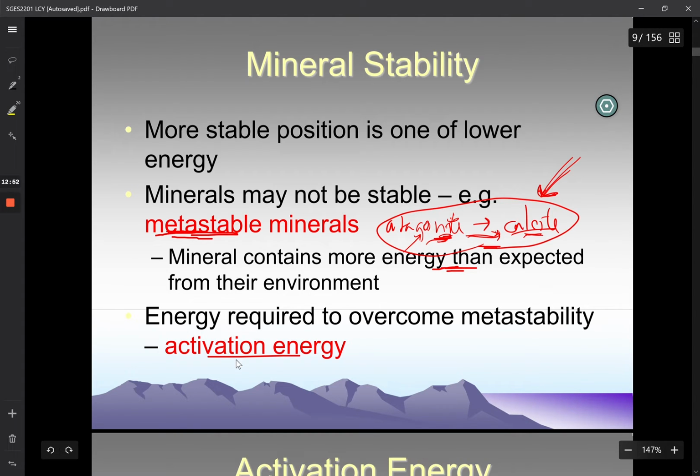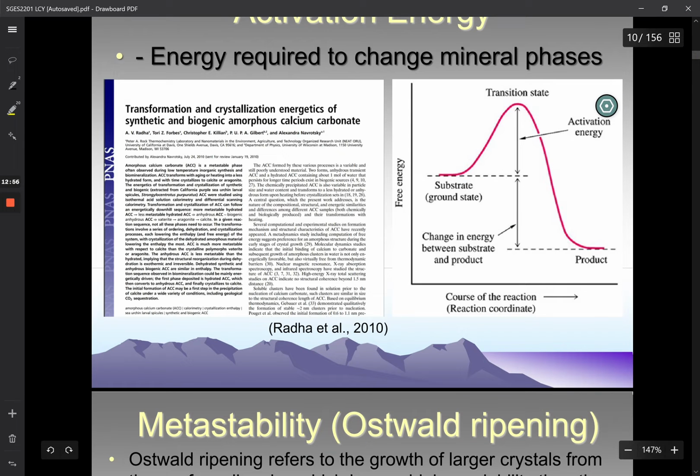So what is activation energy? Let's see the next slide. It's the energy required to change the mineral phase, right? For example, here you have energy, an increase in energy.